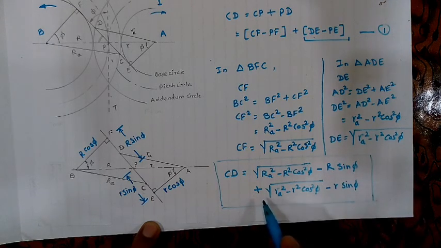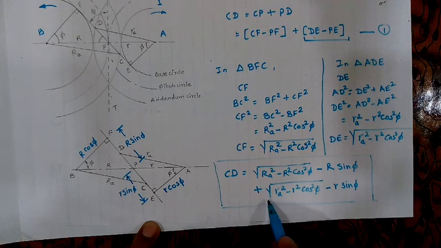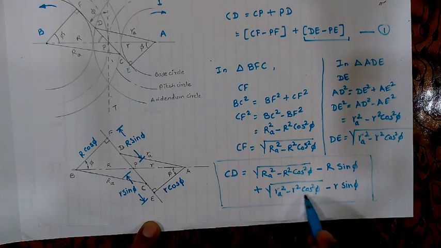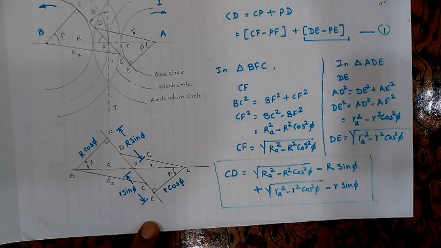So this first part is the path of approach. The second part is root of small r_a square minus small r square cos square phi minus small r sin phi, which is the path of recess. So this is the total path of contact.